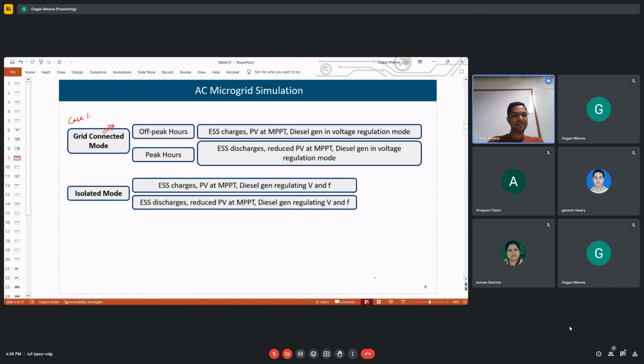Okay. So here, the grid side converter is acting as the series active filter, which is connected to this series injection transformer.